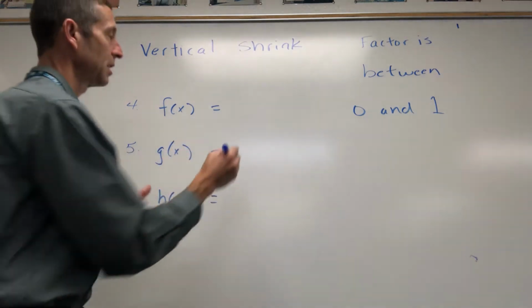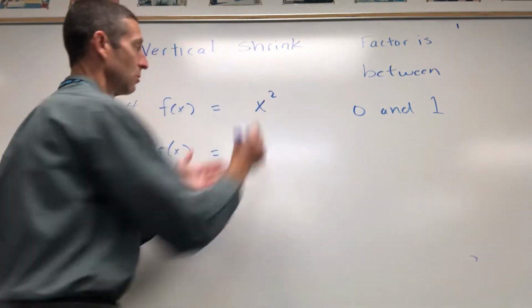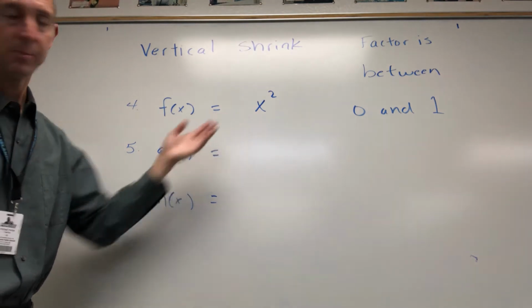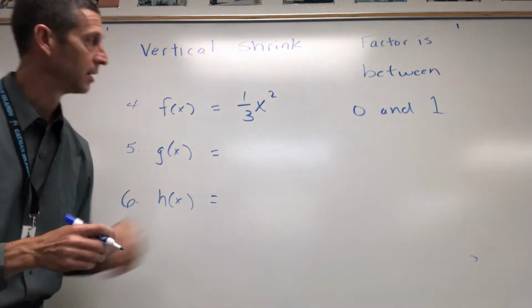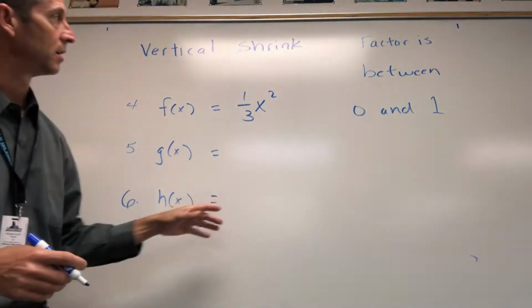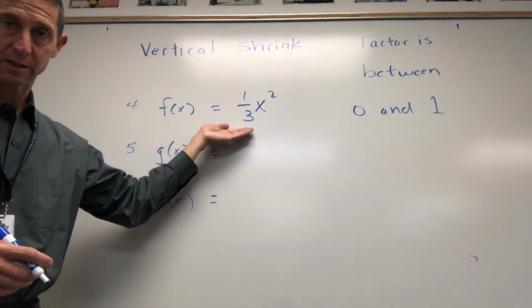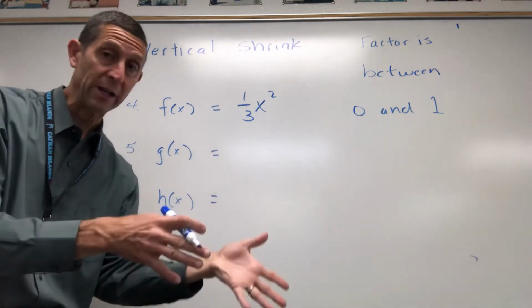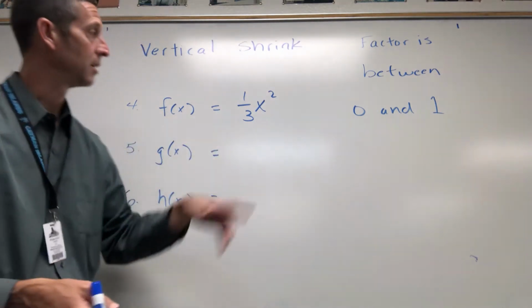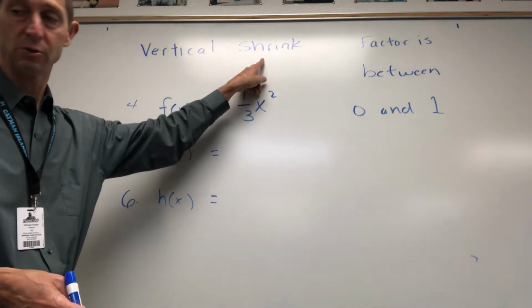So if you have your same parent graph, like y equals x squared, but this time there's a fraction sitting right in there, it's between 0 and 1. So if there's a fraction sitting there and they say describe the graph, is it a vertical stretch or is it a vertical shrink? The fraction makes it a vertical shrink.